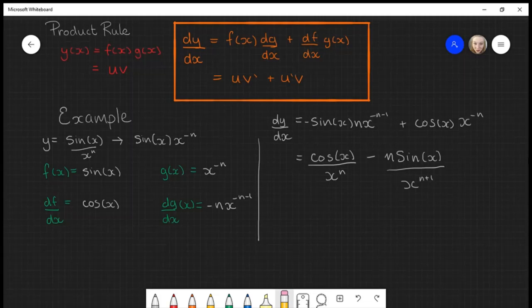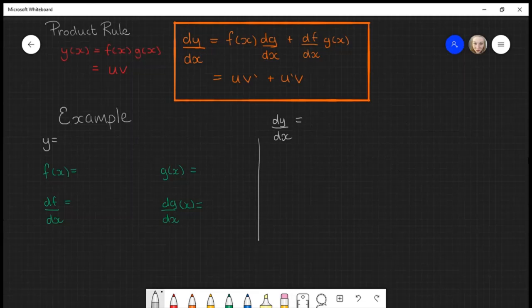The last example will be an important example. Last example, we'll do tan x. Again, I'll rewrite this as sine over cos, but I'm also going to then rewrite this as sine x sec x, because 1 over cos is sec x.